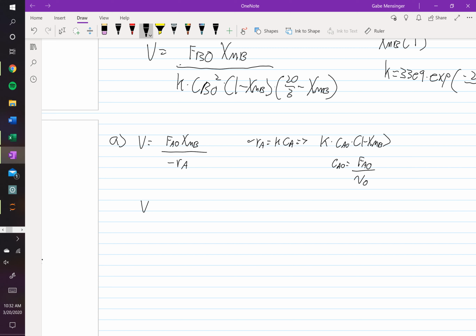So we have V is equal to FA naught times X MB over K times FA naught times 1 minus XMB, times V naught, where that V naught, that was on the bottom, just went over onto the top. So we can cancel out our flow rates, and we end up with this.